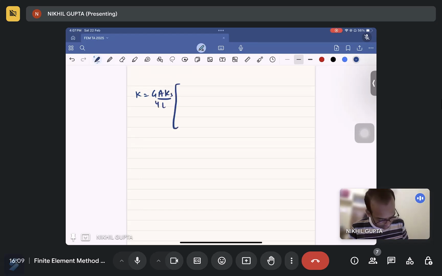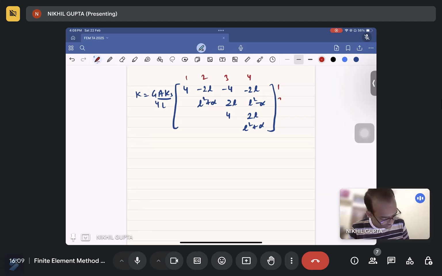So this will be 4, minus 2L, minus 4, minus 2L; L square plus alpha, 2L, L square minus alpha; 4, 2L, L square plus alpha. So this is 1 2 3 4 and 1 2 3 4. This is for element 1.